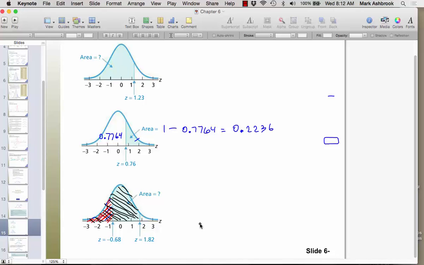We want the area of just this part. Well, the only black, right? Only black. So we're going to find z equals 1.82 gives us, and z equals negative 0.68. Let's go and do those.